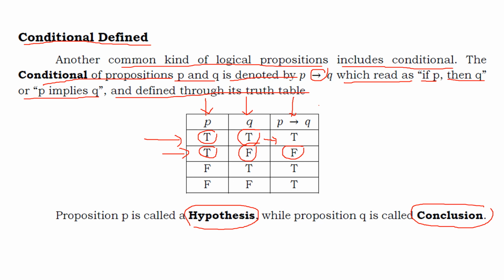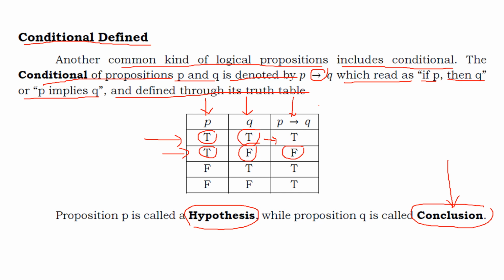Meaning to say, if one of your propositions is false between P and Q, the resulting truth value for the conditional of propositions P and Q will be dependent on the truth value of your conclusion, which is your second proposition Q. In this truth table, your second proposition is Q, and that will be your conclusion.